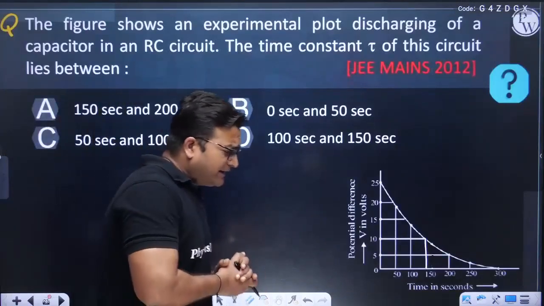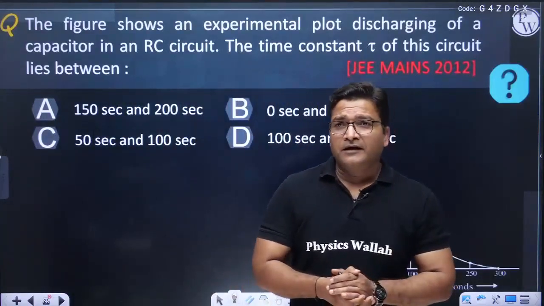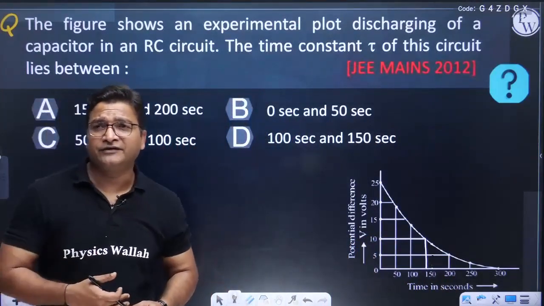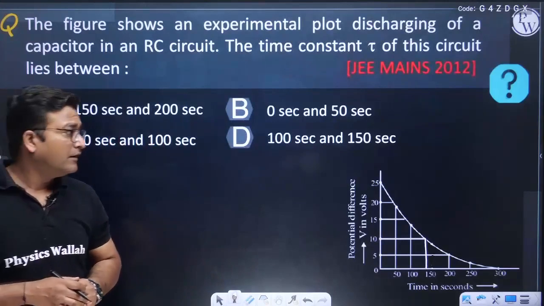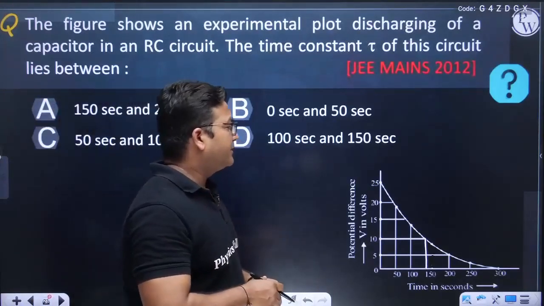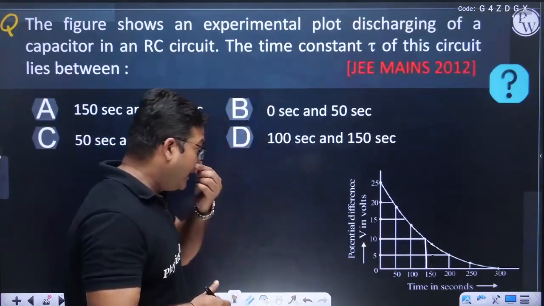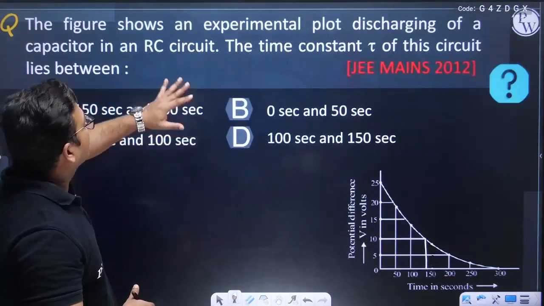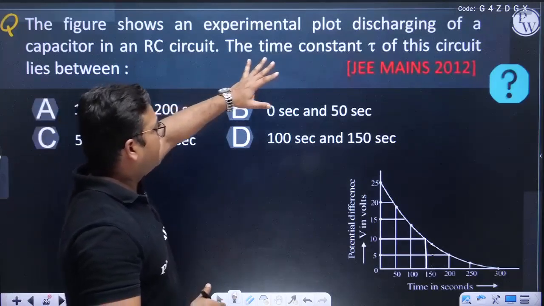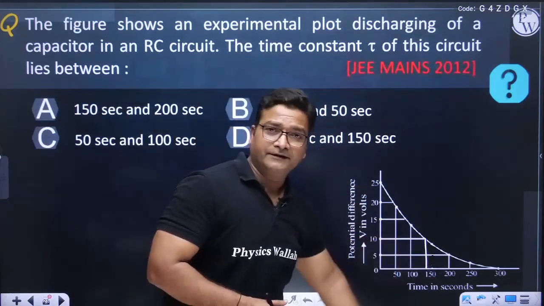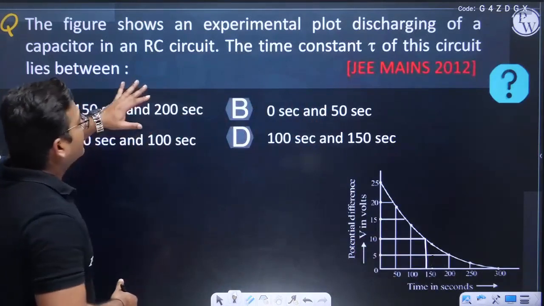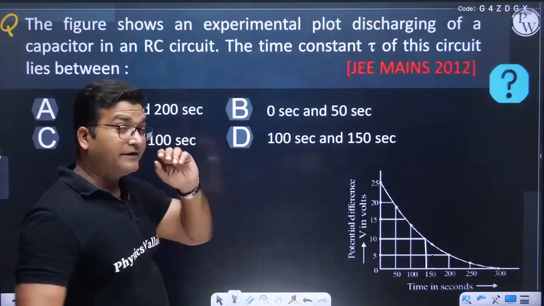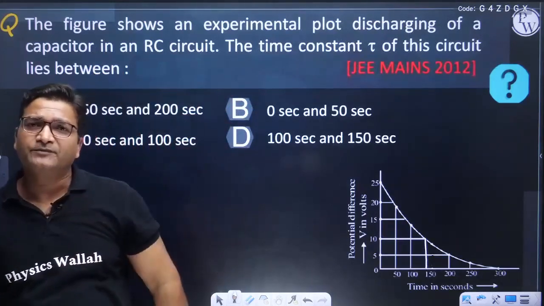Okay, in this question they are saying the figure is showing an experimental plot of a discharging capacitor in RC circuit. They are asking us the time constant of the circuit lies between.